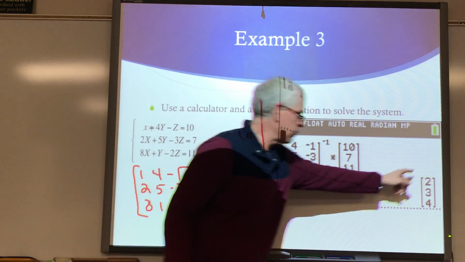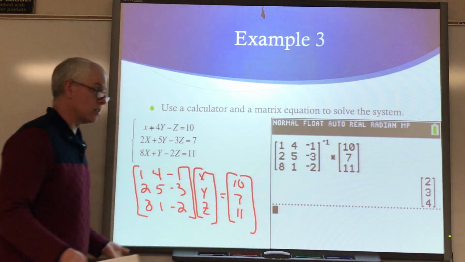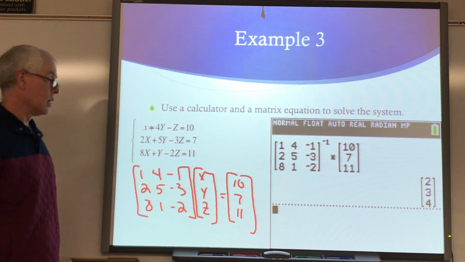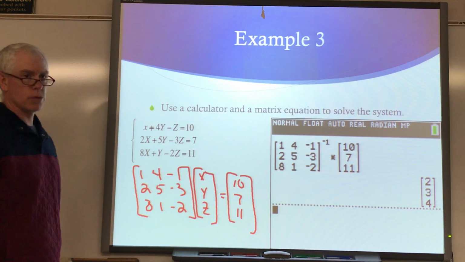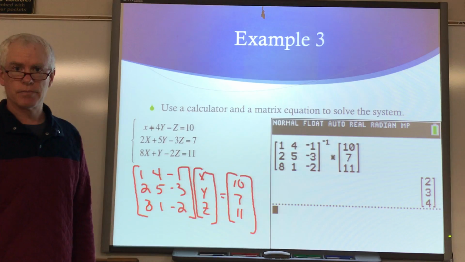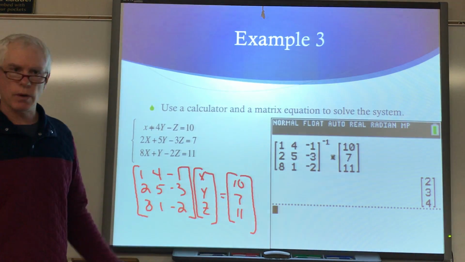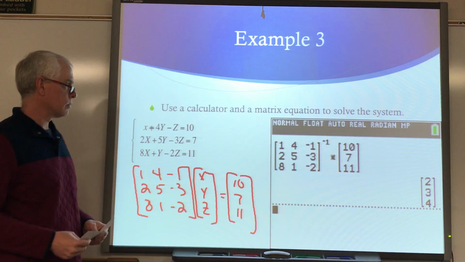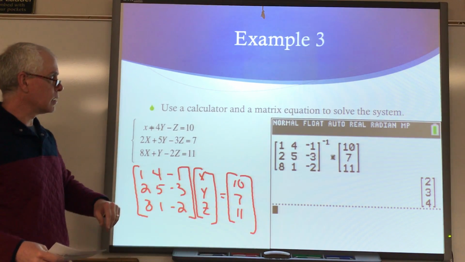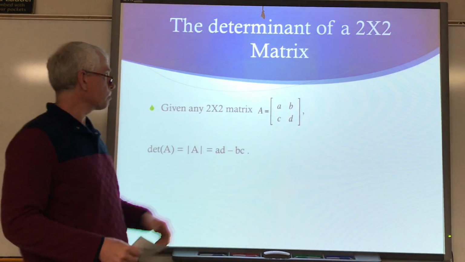When I do that, I'm left with 2, 3, 4, which simply means x is 2, y is 3, z is 4. And so that's a really slick way to find the solution to a system of 3 equations, 3 unknowns, 4 equations, 4 unknowns. As long as you have a square system like that, it goes pretty easy, okay? So that's a nice way of solving a system.